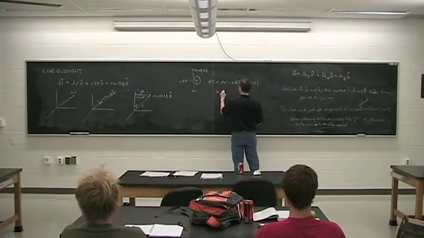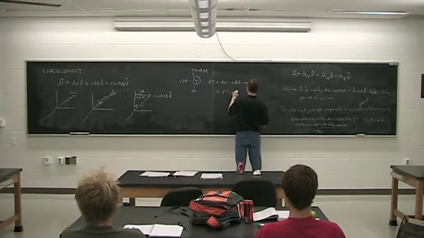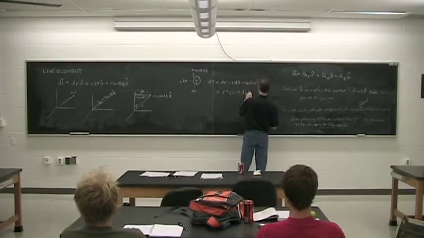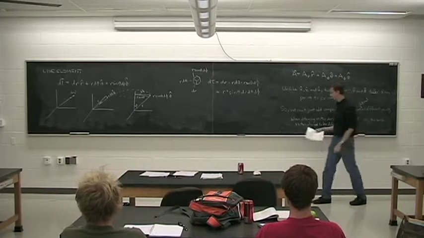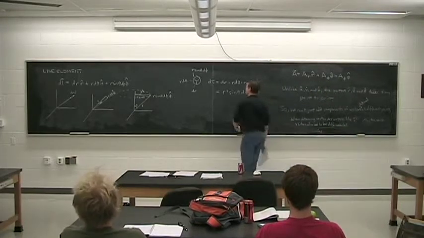Or in other words, r squared sine theta dr d theta d phi. That's the volume element in spherical coordinates.